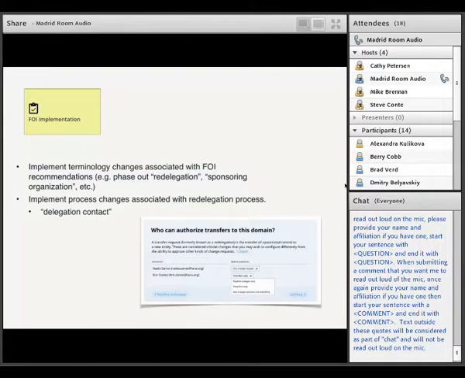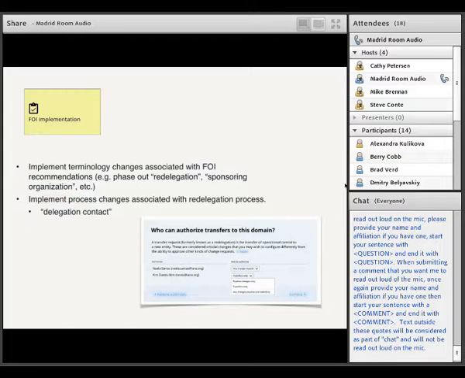Slightly on the policy side, some changes associated with the framework of interpretation. For those that aren't familiar with this, the ccNSO went through about 6 years of workshops and working groups to come up with a set of guidance on how ccTLD transfers should be done.